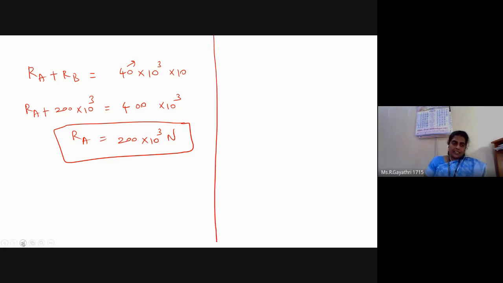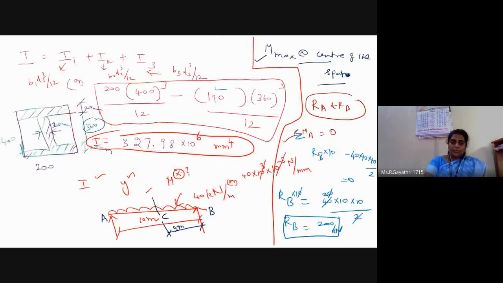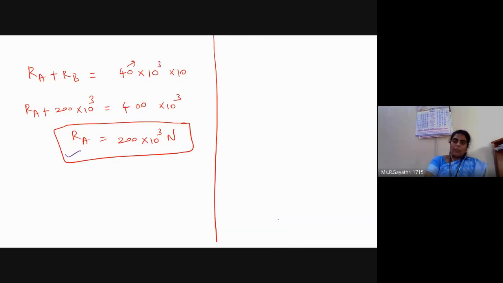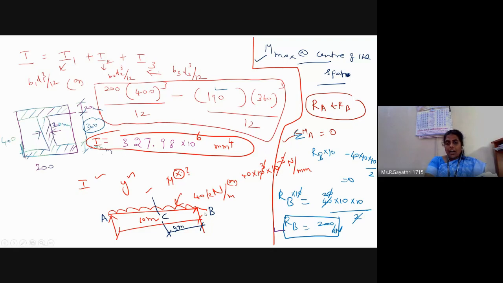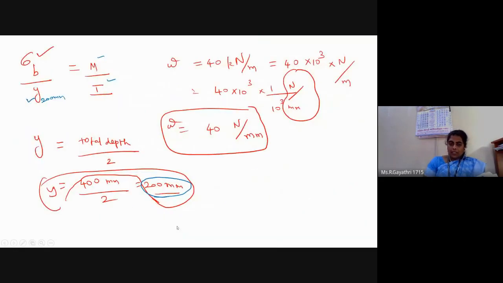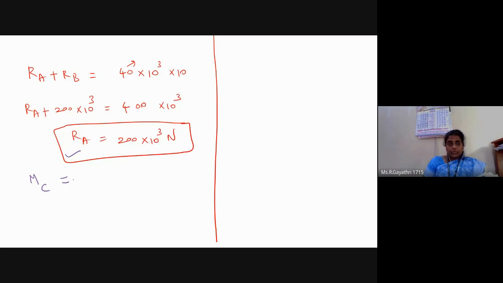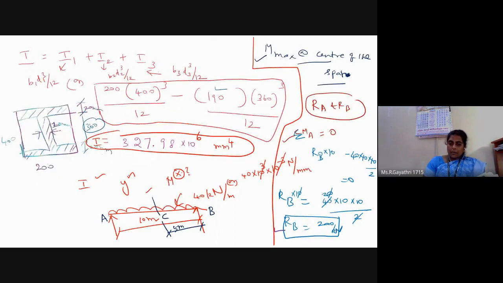Okay, next. We now know the RA value and the RB value. So moment about C is equal to RB into 5 minus the UDL.